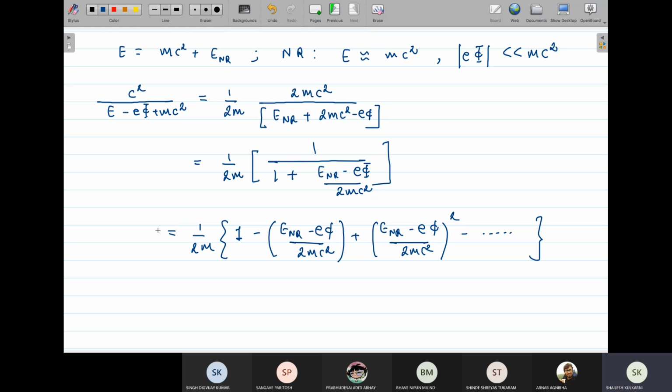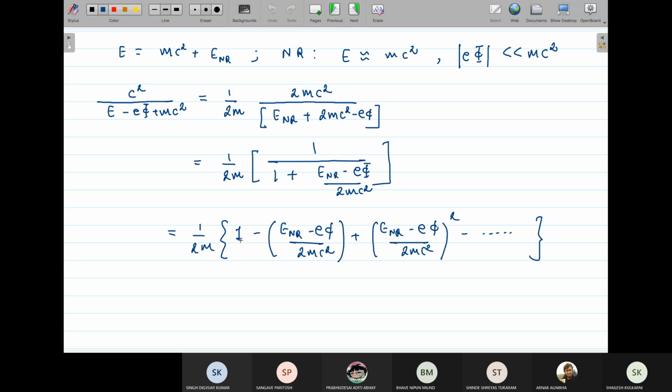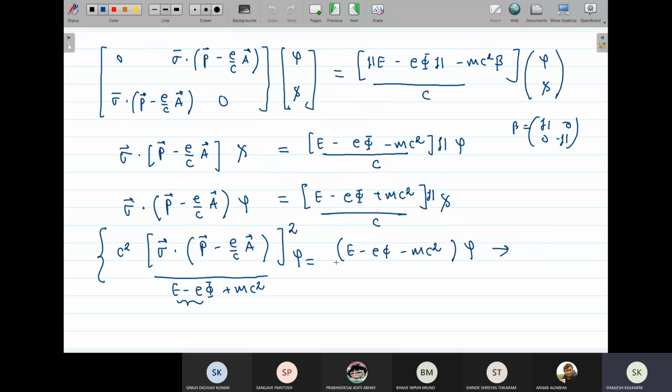In the non-relativistic limit, suppose I want the 0th order part. What happens at 0th order in ENR minus e phi divided by 2 mc square? That means I need to consider only this term. But we have to be careful. This is not the only thing; we have this part also. Here I cannot neglect anything because this is E minus mc square.